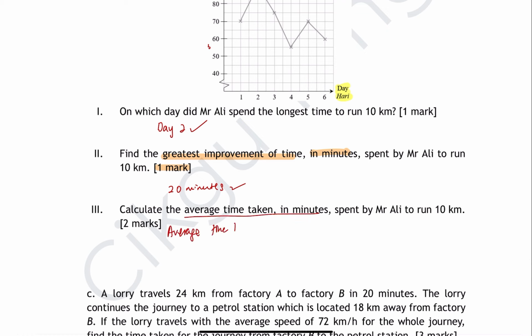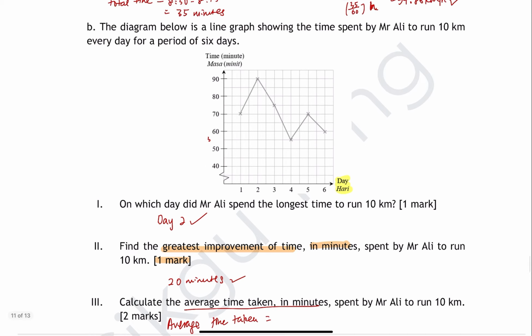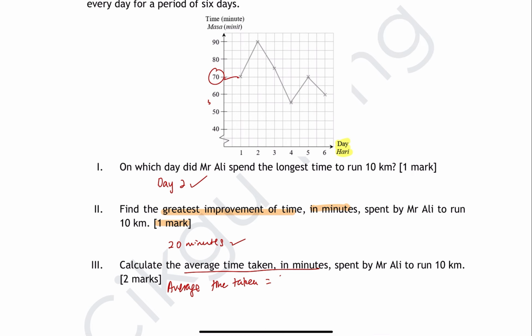Okay, average time taken, you will start by having 70 plus 90 plus, this is your 75, this is your 55, and you have another 70 here, and the last one is basically your 60.